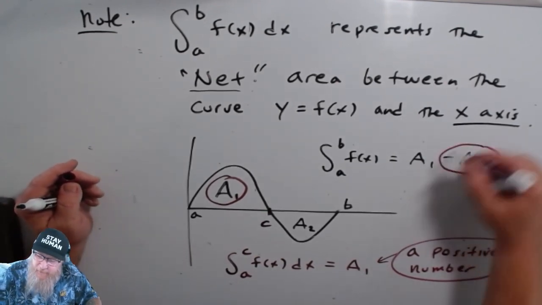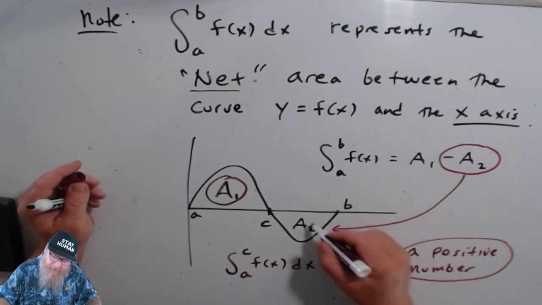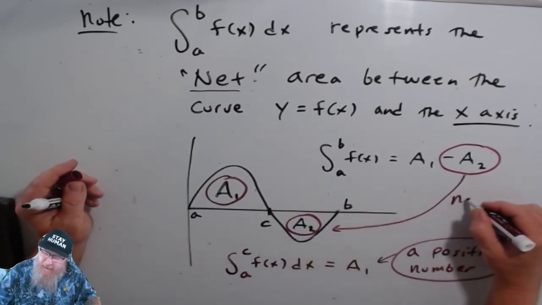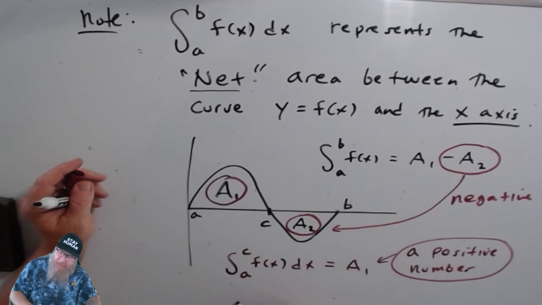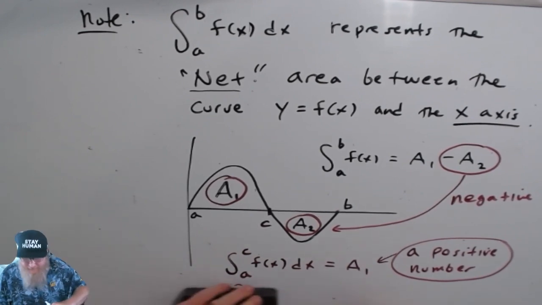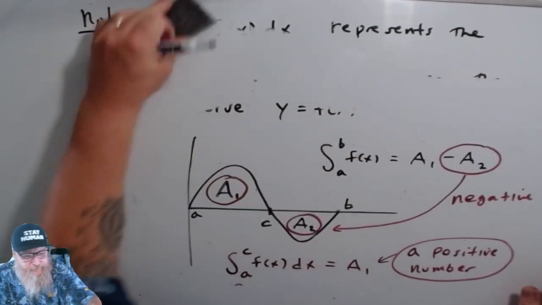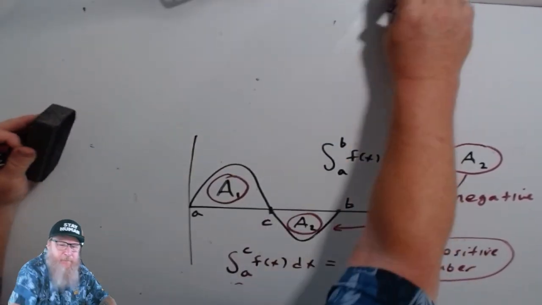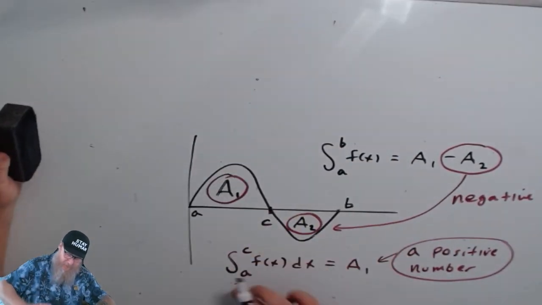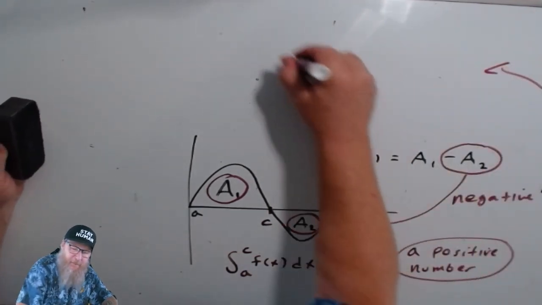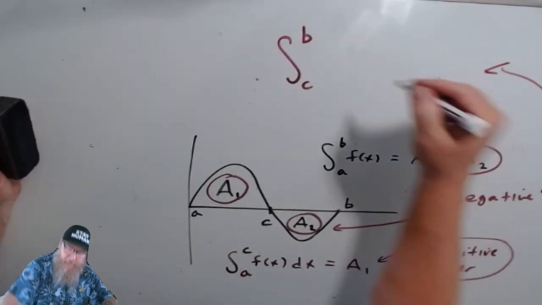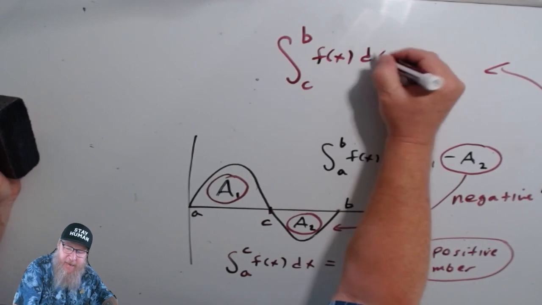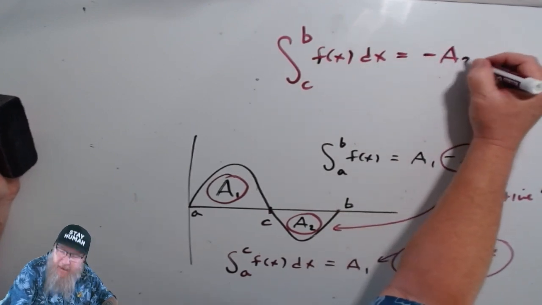However, when you calculate A2, it would be the integral from C to B. If you did the integral from C to B of f of x dx, you would get negative A2.